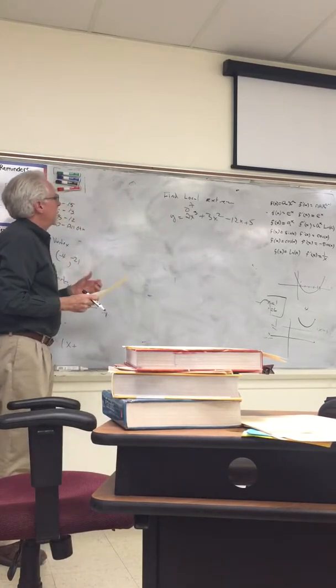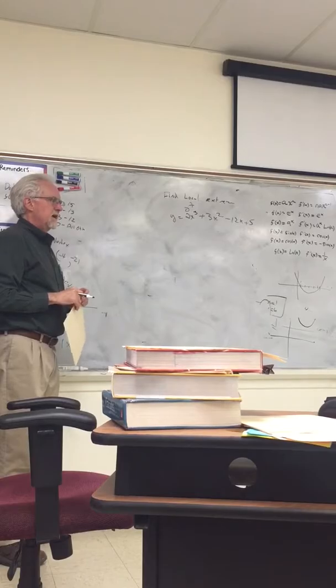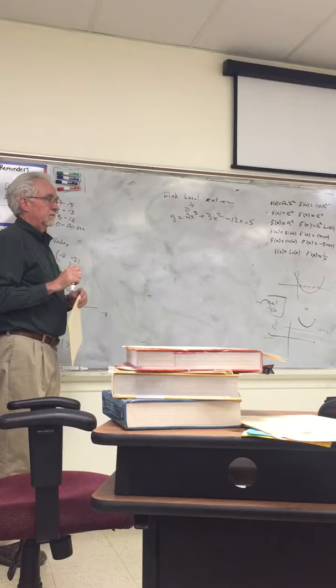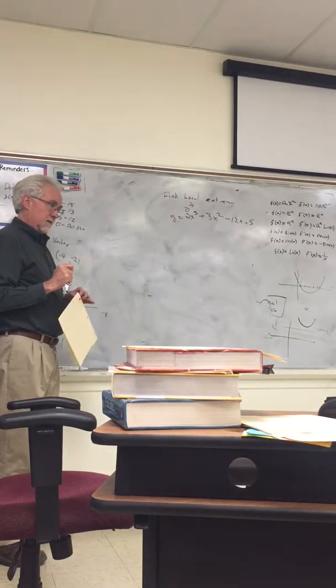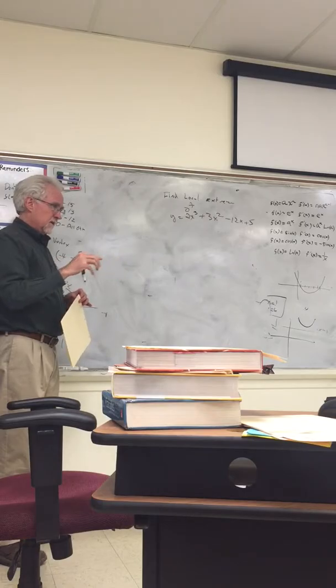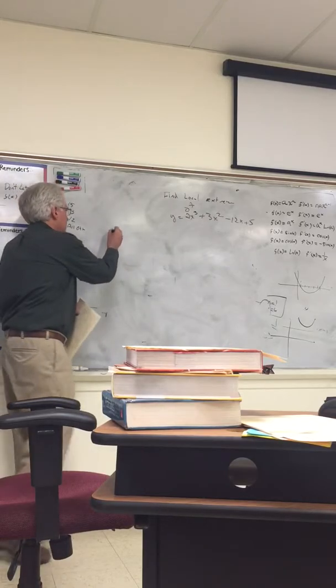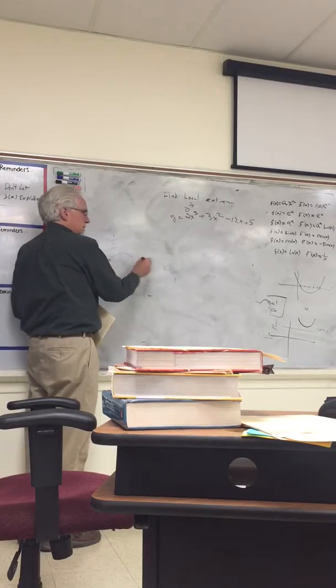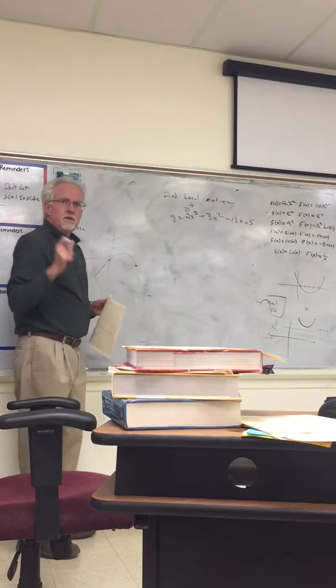Anthony, if I told you to find the local extrema of that, what would you do? Without graphing. Set f of x equal to... No, that would find the zeros. I want to find the extrema. You would find the derivative.